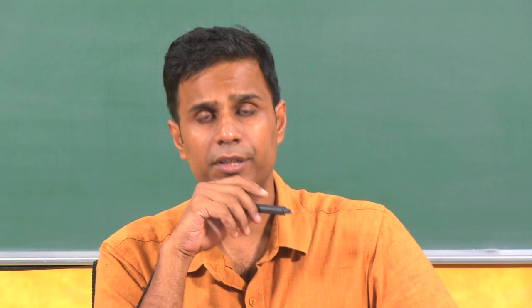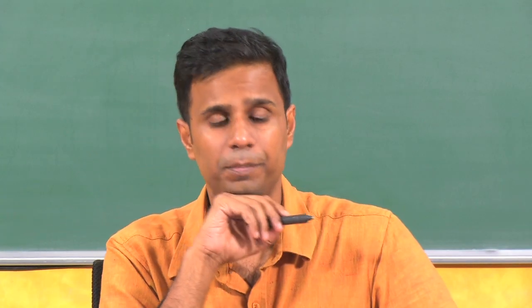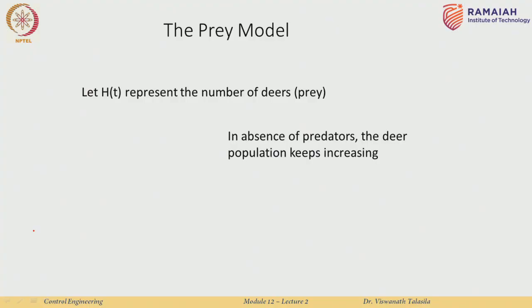So, what is a predator prey model? First, let us look at the prey. Let h of t represent the number of deers, and it is a function of time. Now, in this particular context of the predator prey model, t is not in seconds, it is typically in months or in years. We need to keep that in mind.